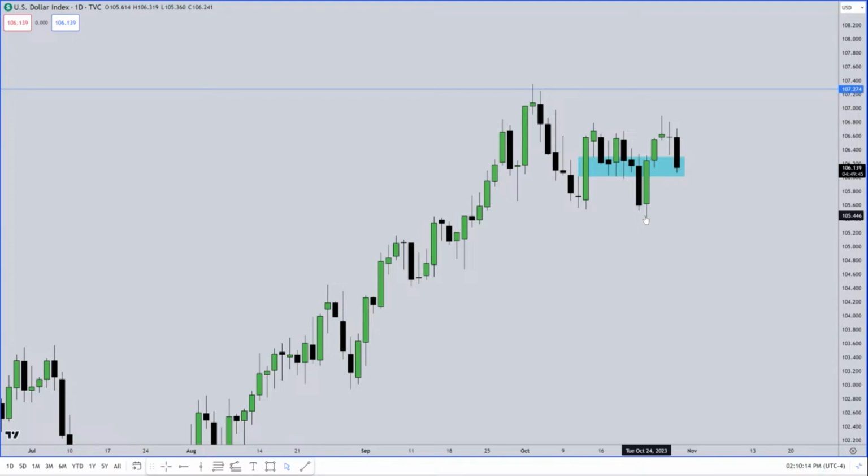Your crosses like euro pound, yen, pound yen, Aussie, New Zealand, all those exotics, they will have extrapolated price moves if the dollar stays in this consolidation on the daily chart. So none of you should be looking at dollar-based currencies if you're a forex trader right now. You should be looking at the exotics, anything that's not with a dollar in its name. That's where your focus should be right now.